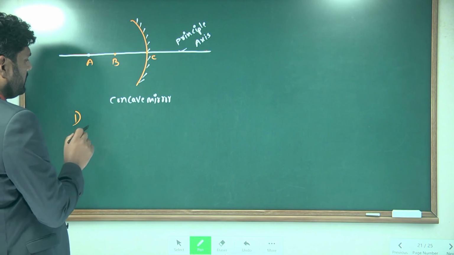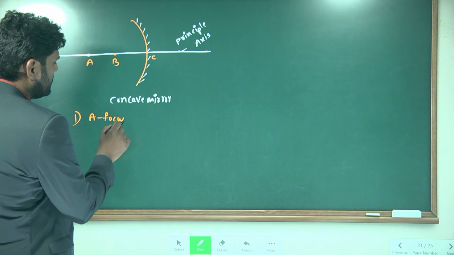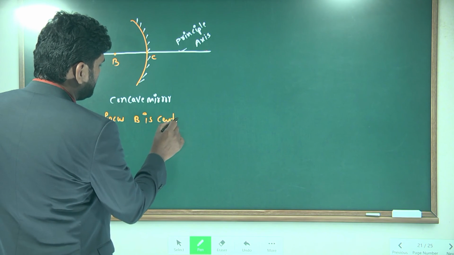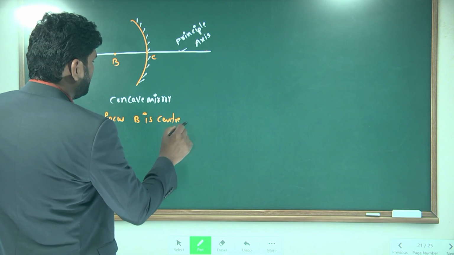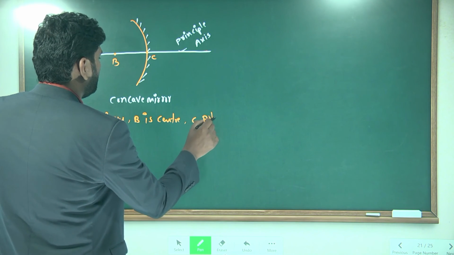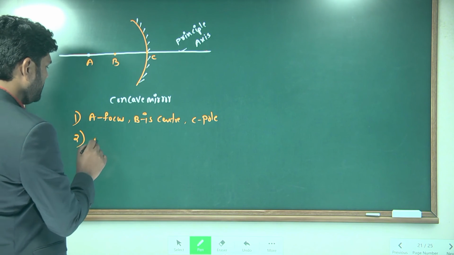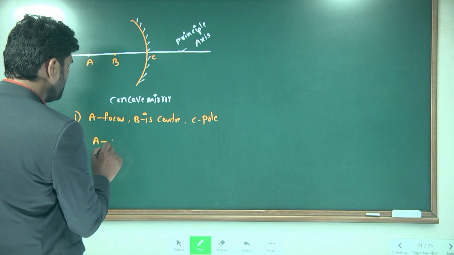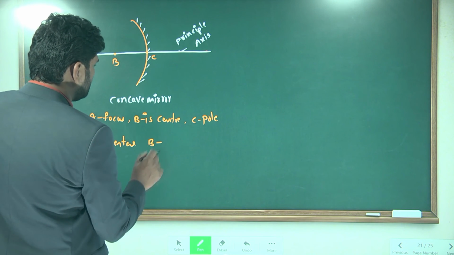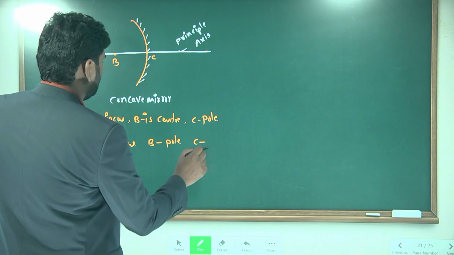First option: A is focus, B is center of curvature, and C is a pole. Second option: A is a center, B is a pole, and C is a focus.